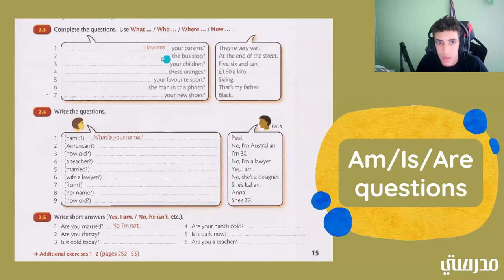Okay, so here we have blank the bus stop. Does anybody know what this one is? Where is? Good job. So where is the bus stop? Okay, and then the answer would be at the end of the street. Okay, so now we have blank your children.